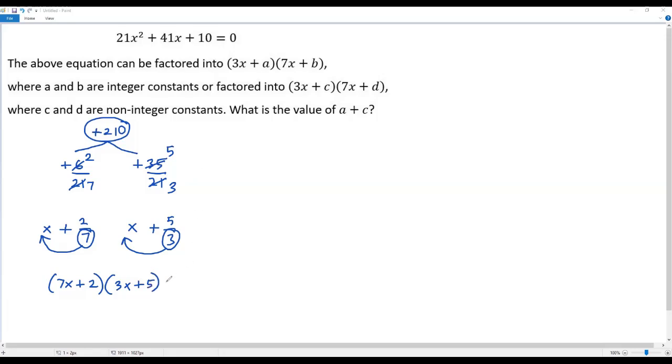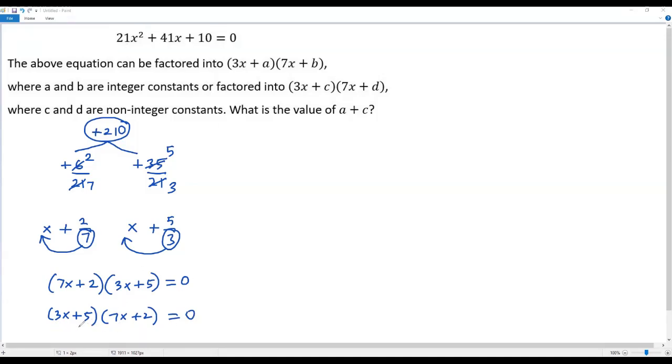Since we have a quadratic equation, it can be equated to 0. According to the factor form given, we must have the factor which contains 3x first. So I can write 3x + 5 times 7x + 2 equals 0. So now I got the factor form of the given quadratic equation.